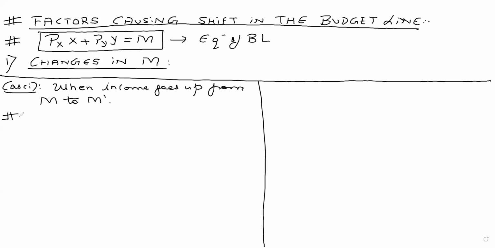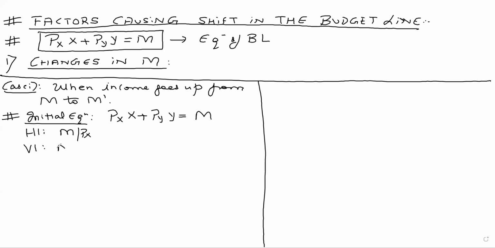So my initial budget line equation. What is my initial equation, guys? Px times x plus py times y equal to M. Horizontal intercept M by px, vertical intercept M by py, and slope of the budget line is minus px by py. What will my new equation be?